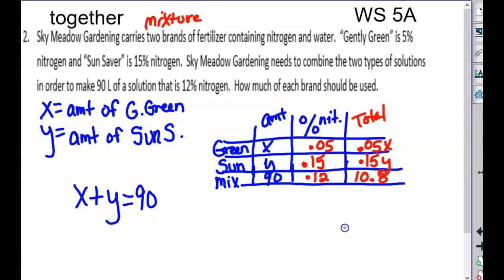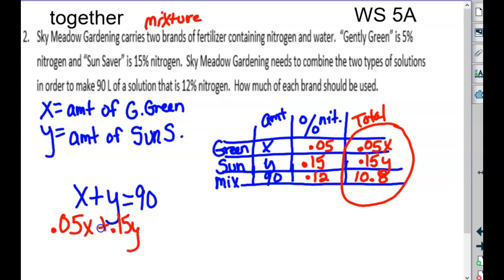Okay. So anybody know what the other equation we can use is going to be? Yes. 5% of this is nitrogen, plus 15% of the y kind is nitrogen, and we need it to be 12% of the total, so that's where the 10.8 came from, was 0.12 times 90.